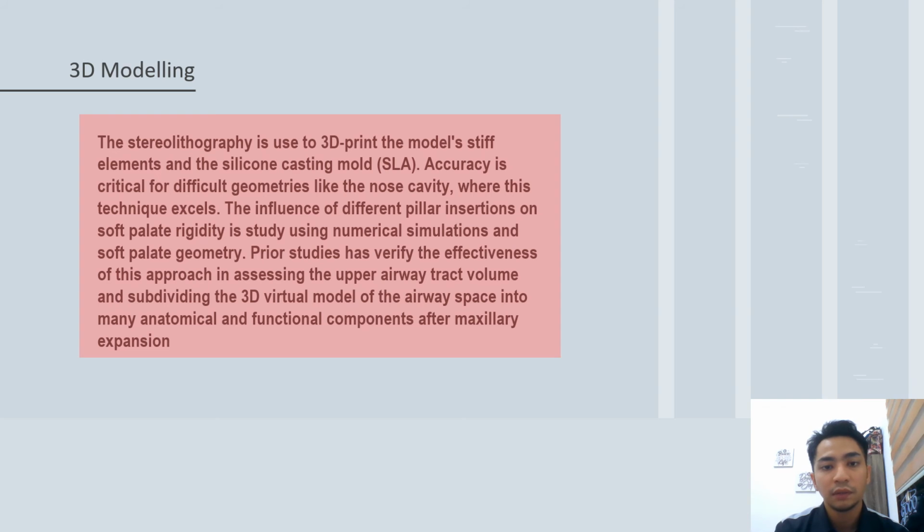Prior studies have verified the effectiveness of this approach in assessing the upper airway volume and subdividing the 3D virtual model of the airway surface into many anatomical and functional components after maxillary expansion.